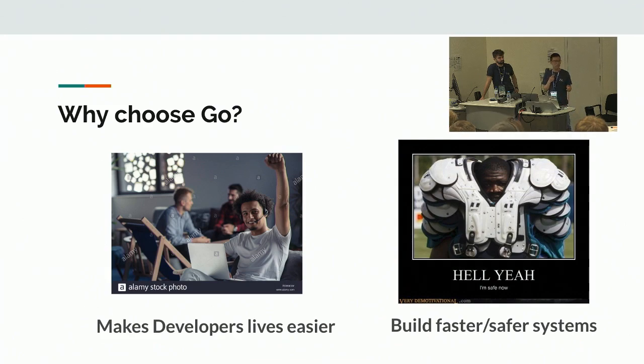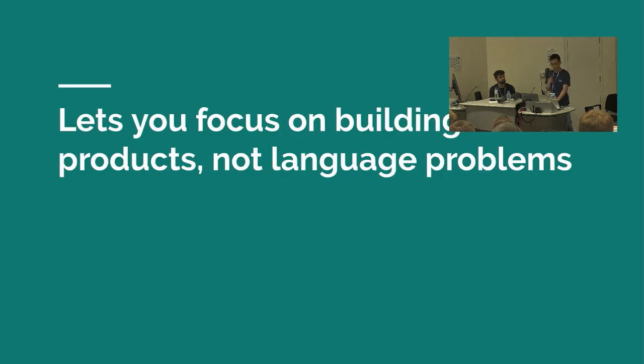And it also lets you build very fast systems. You might know Go is quite low level, like C and C++. You are able to compile, and it lets you run the application really, really fast, and there are some features that make it really safe.